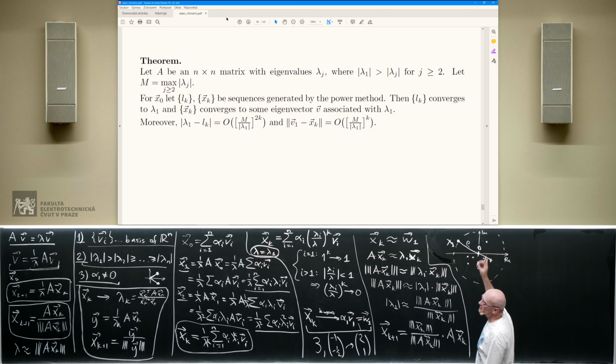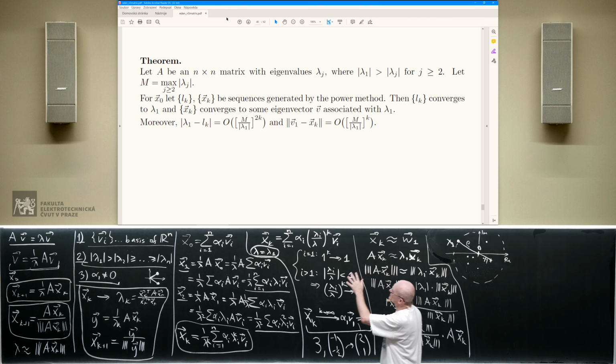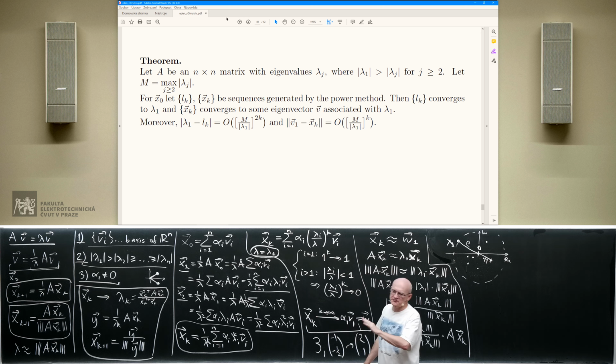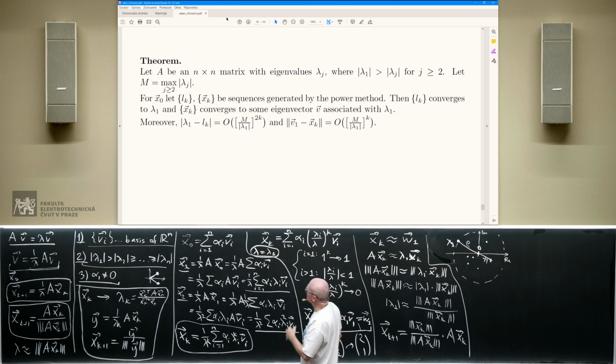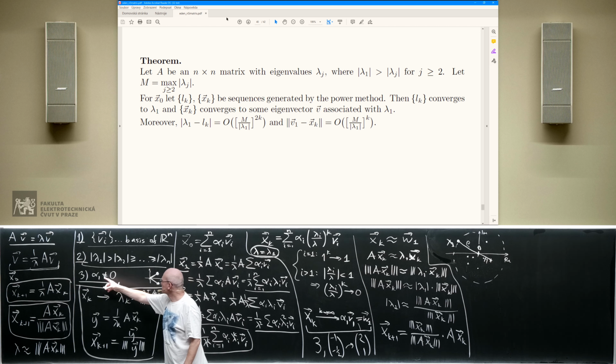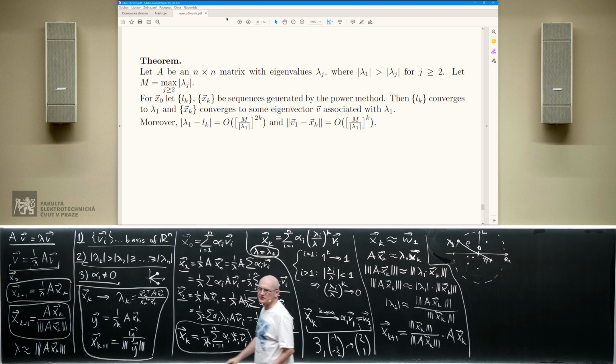And then it says, and this is where it gets a little bit imprecise, it assumes, but it's hard to describe it somehow, so typically authors sort of skip this detail when they state this theorem, but we have to assume that this initial vector x0 actually does include the v1 component in it.